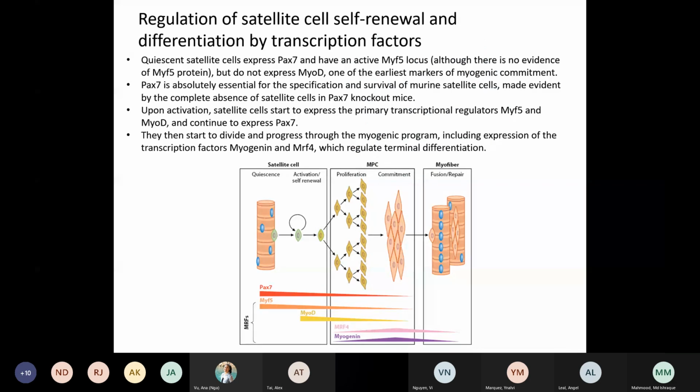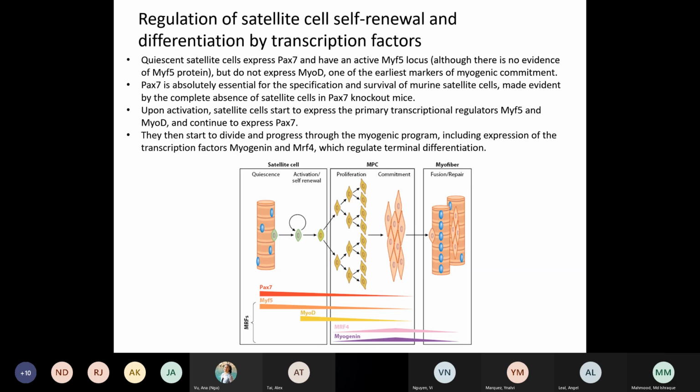So how is the cell defined? Previously, when we talked about mesenchymal stem cell and hematopoietic stem cell, we used surface markers, right? CD markers, flow cytometry. But here, things are a little different. Since the starting materials for hematopoietic stem cell and mesenchymal stem cell are marrow or adipose, you can easily make a single cell suspension.